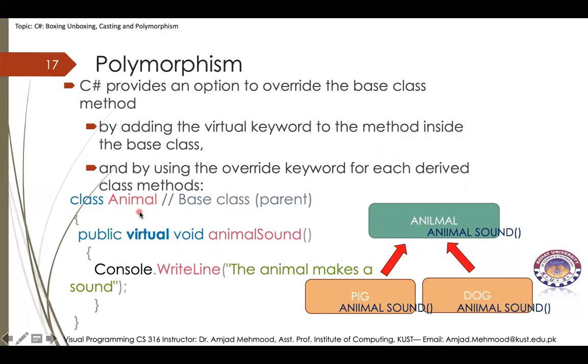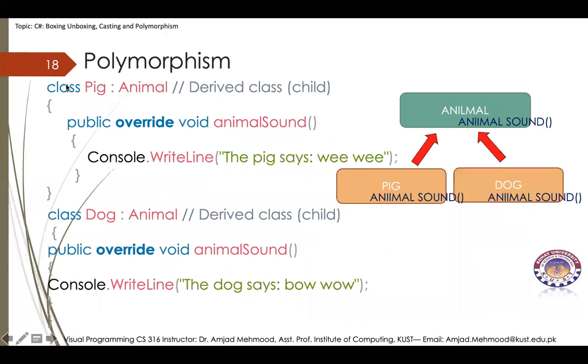You can see here that we have an animal class and then we have a virtual method. Now we have added the modifier virtual here. Now we are allowing our child classes to override this method, virtual void animal sound, and when the child classes override, they will write the override keyword here as a modifier to override the parent method.